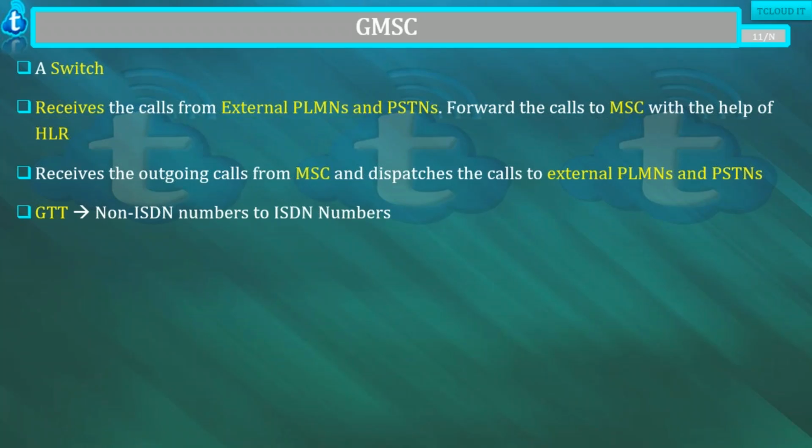They cannot route the calls when they are in non-ISDN format. For example, when you make a call to 100, nobody knows what 100 means. 100 must boil down to thousands and thousands of police stations across India. When you dial 100 from a different location, it will connect to a different police station.